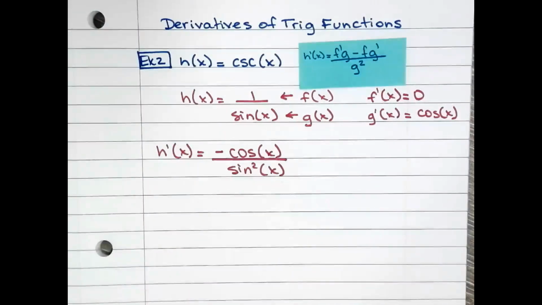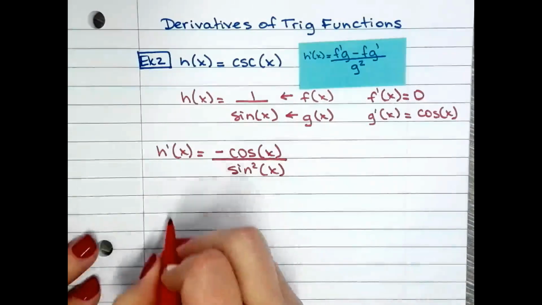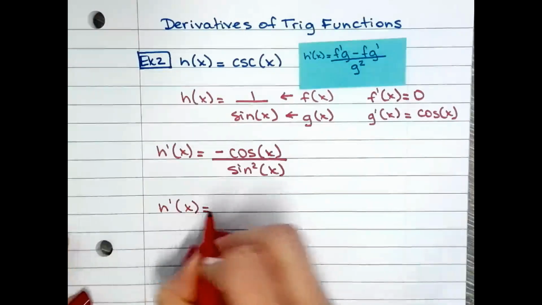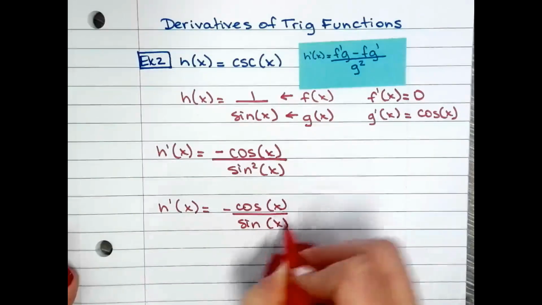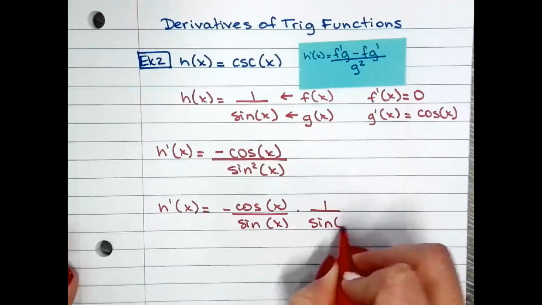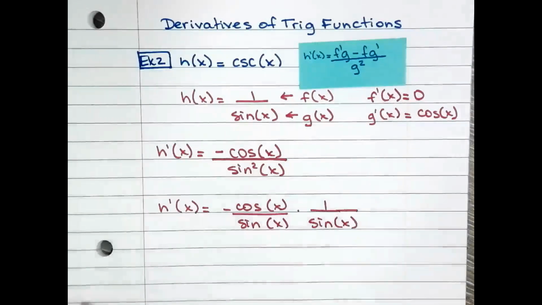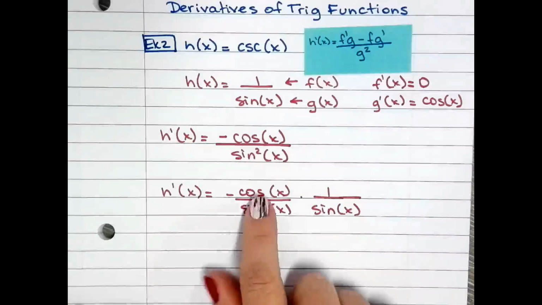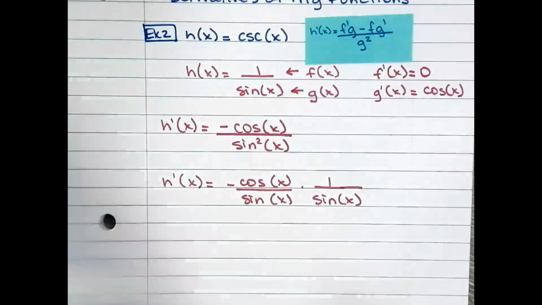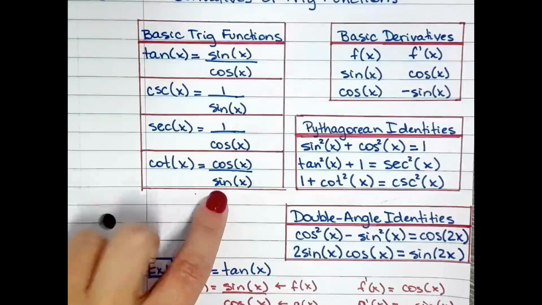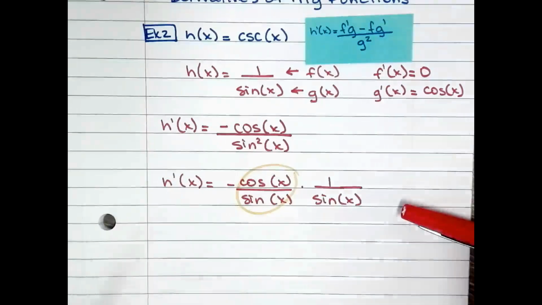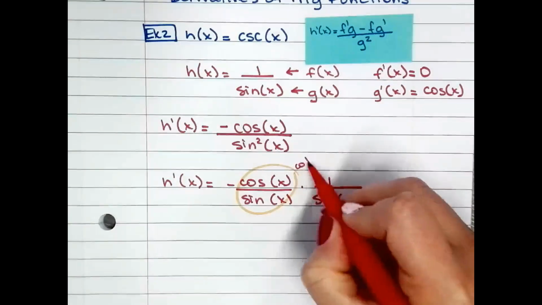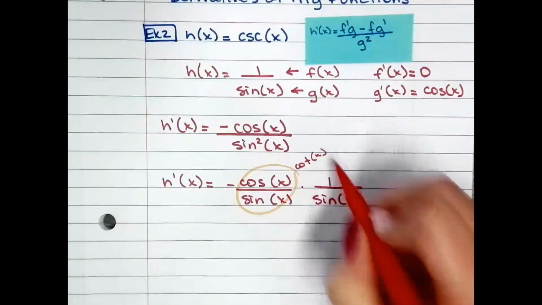Now, here's the thing. Sine squared is sine times sine, so I'll split that up: cosine of x over sine of x times 1 over sine of x. Now, we all know cosine over sine is cotangent, so I will replace this with cotangent of x.